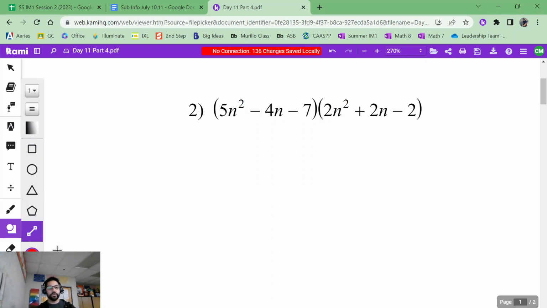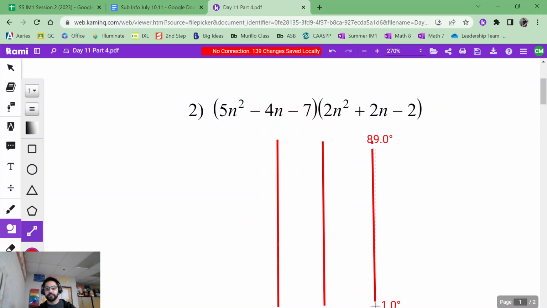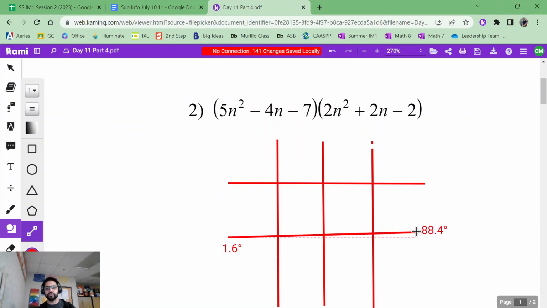So for our last one to help, let's make our 3x3 grid, our structure. And that's because we have 3 terms in our first parentheses, because it's a trinomial. And then 3 terms in our second parentheses, which is also called a trinomial.